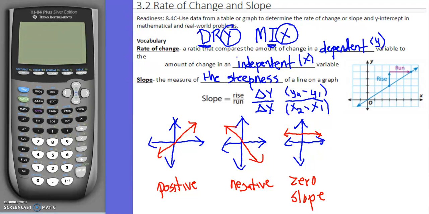And the last one is when we have a vertical line. A vertical line is called undefined.